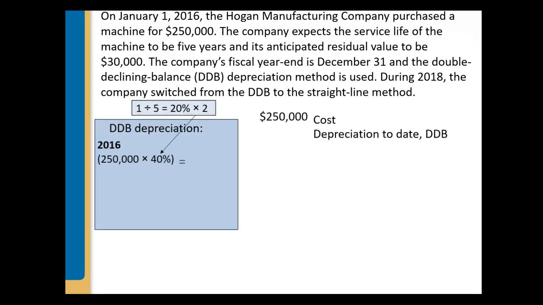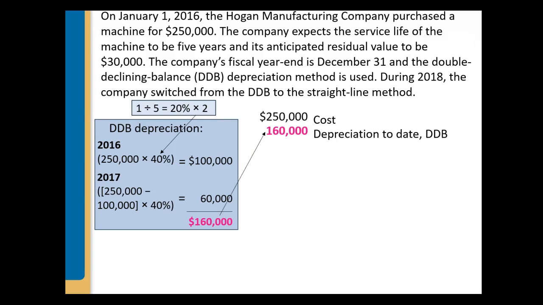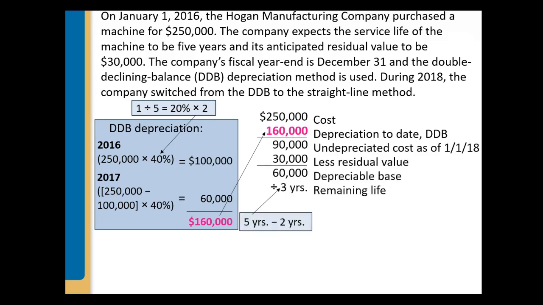So we are going to look at, in this scenario, a change in depreciation method for Hogan. We calculate depreciation for the years 16 and 17 under the double declining balance method.